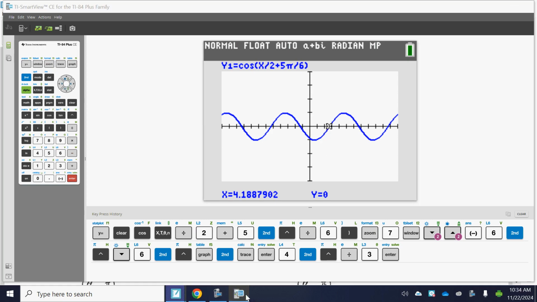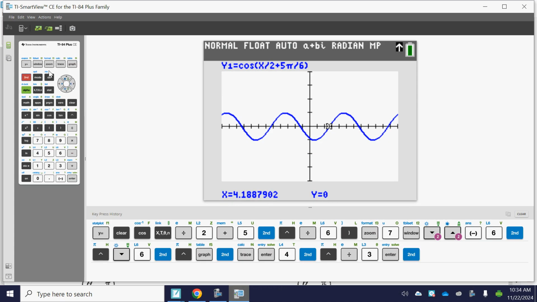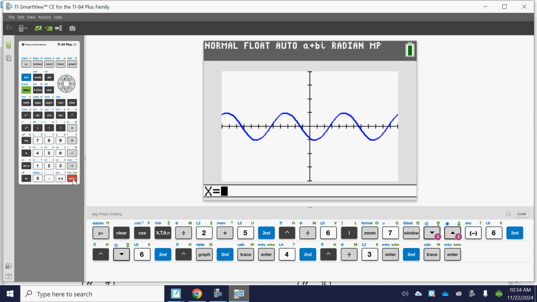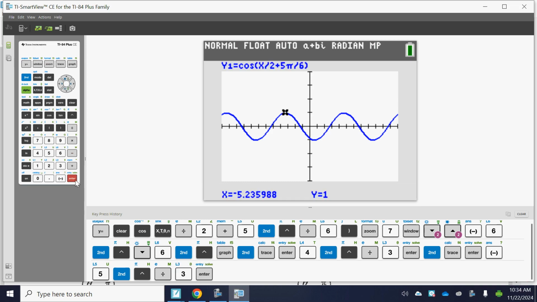If I plug in the so-called first point, who is the first point way on the left? Negative 5 pi thirds. If I plug in negative 5 pi thirds, what do you think I'm going to get? Who said 1? Good math. Notice it starts at the 1 as the so-called top of the curve. It's the first ordered pair.